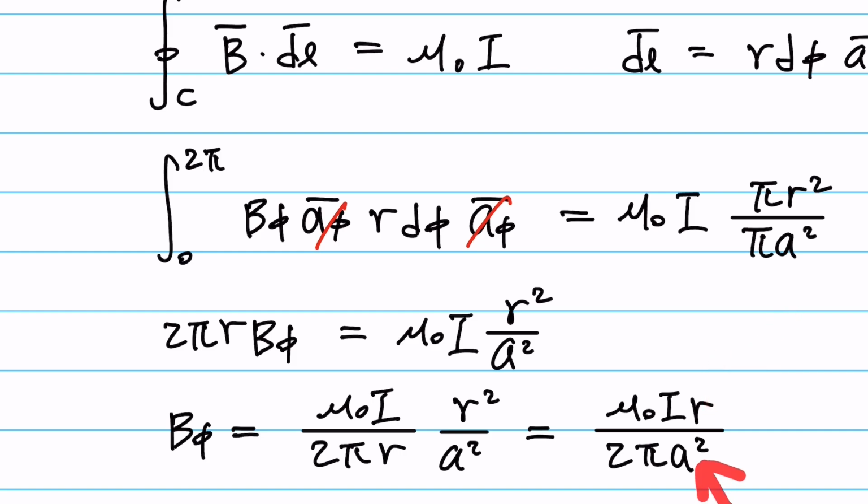This is not an actual radius. And this is a constant value of the conductor.